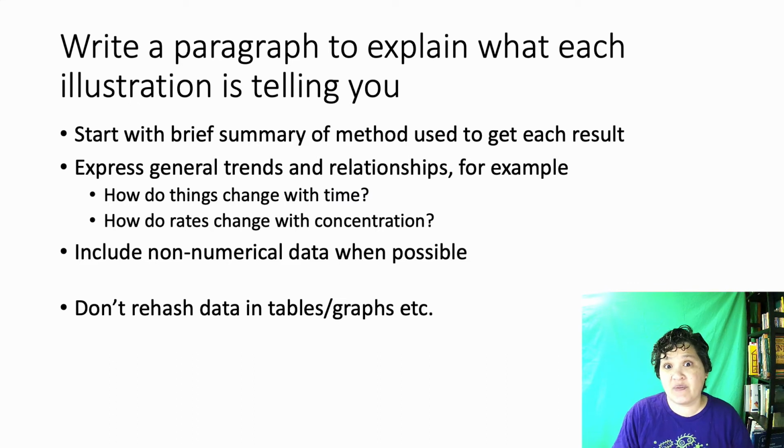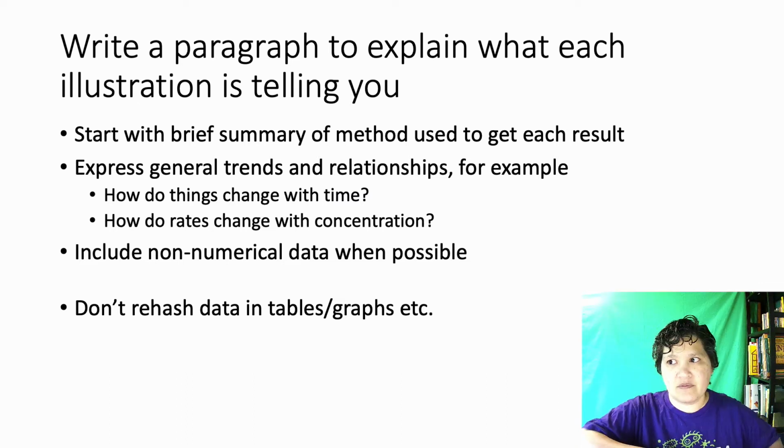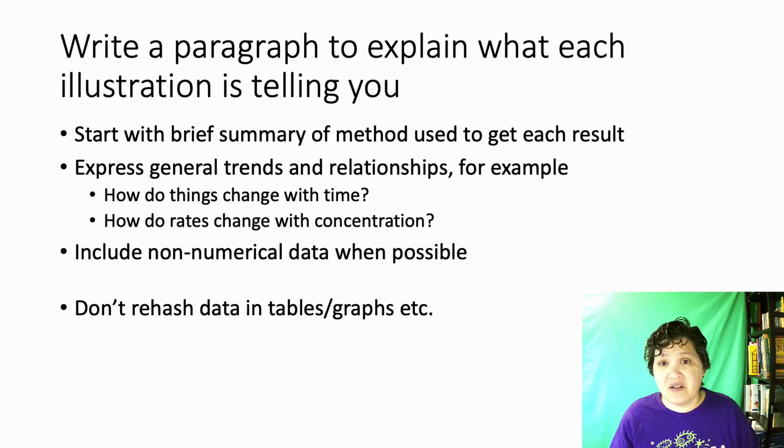Remember, we're going to talk about general trends, relationships. So what you could say, for example, is the concentration increased linearly at a rate of approximately 2 micromolar per minute. Something like that.